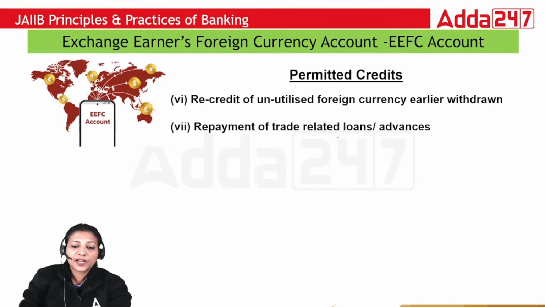Repayment of trade-related loans or advances is also permitted. Suppose Mr. A, who is an Indian exporter, lends some money to Mr. B, who is a US importer.